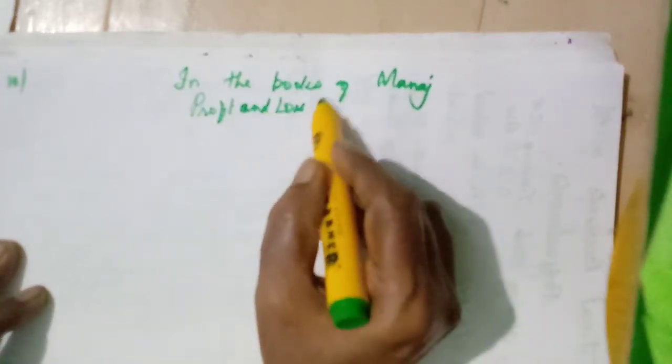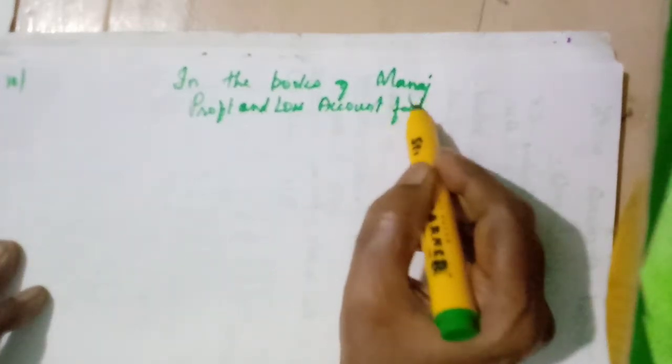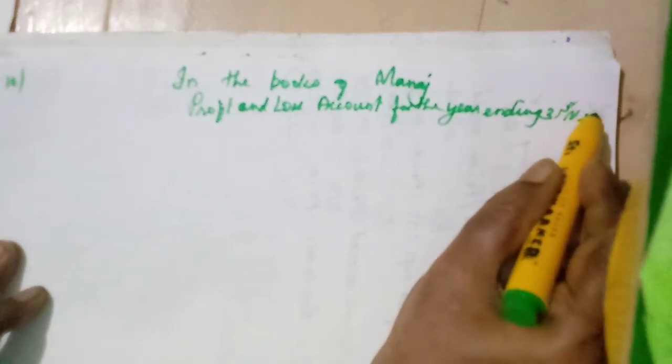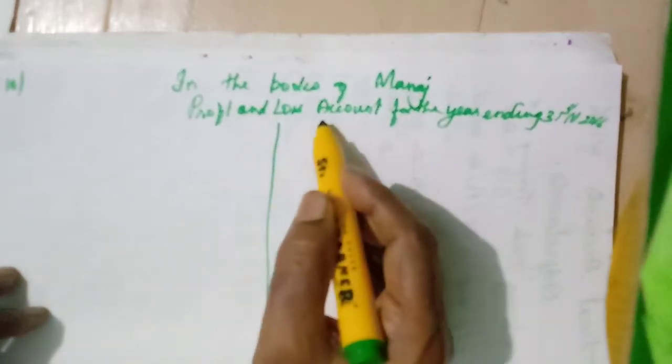Profit and loss account for the year ending 31st March 2016. First item given is the gross profit.